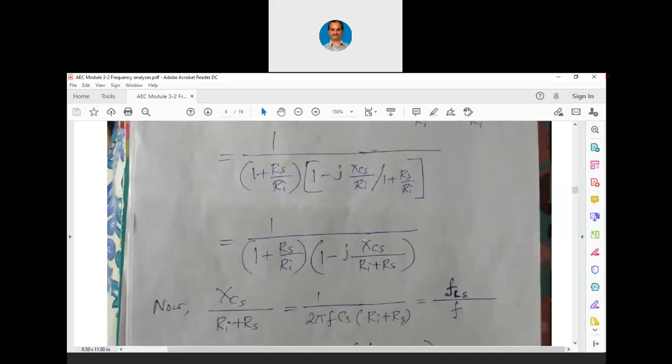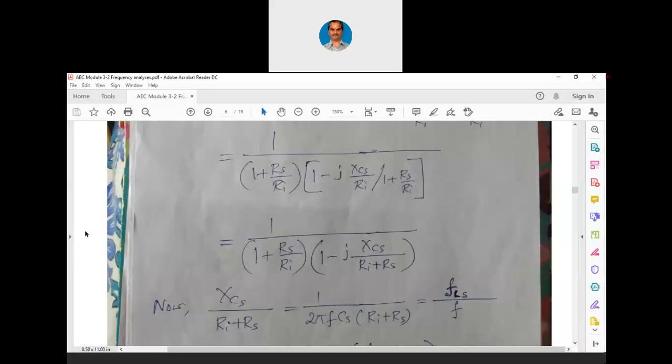But now, what is this particular term XCS by Ri plus Rs? XCS by Ri plus Rs is 1 over 2 pi FCS into Ri plus Rs, because what is reactance XC? 1 over 2 pi FC. So 1 over 2 pi FCS into Ri plus Rs. This is nothing but FLS by F. This we already know from yesterday's analysis.